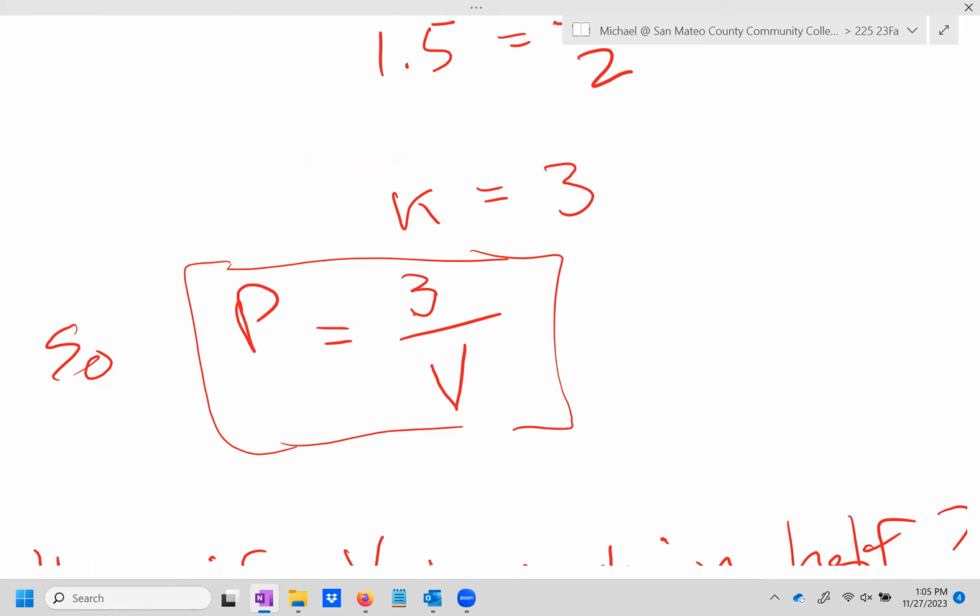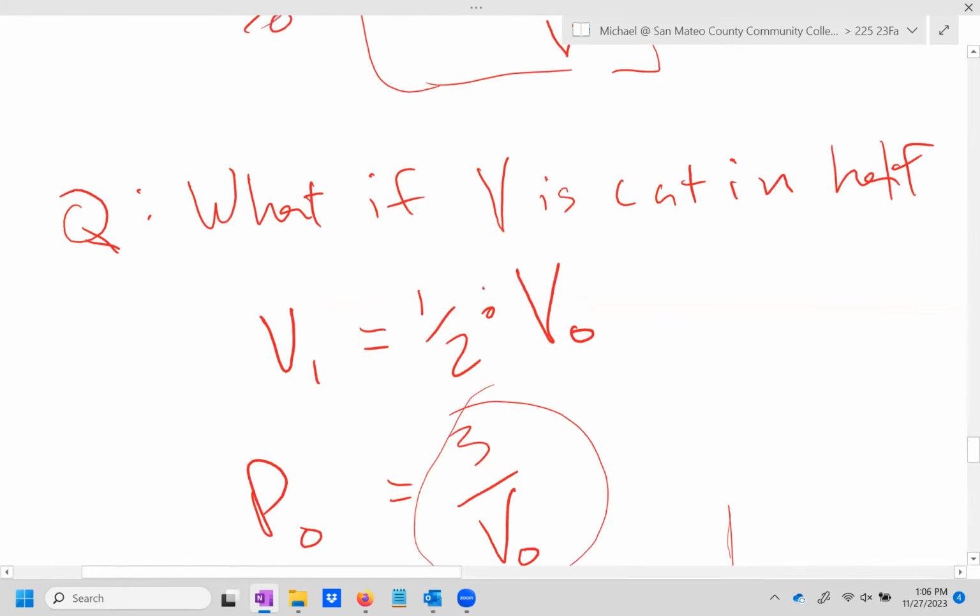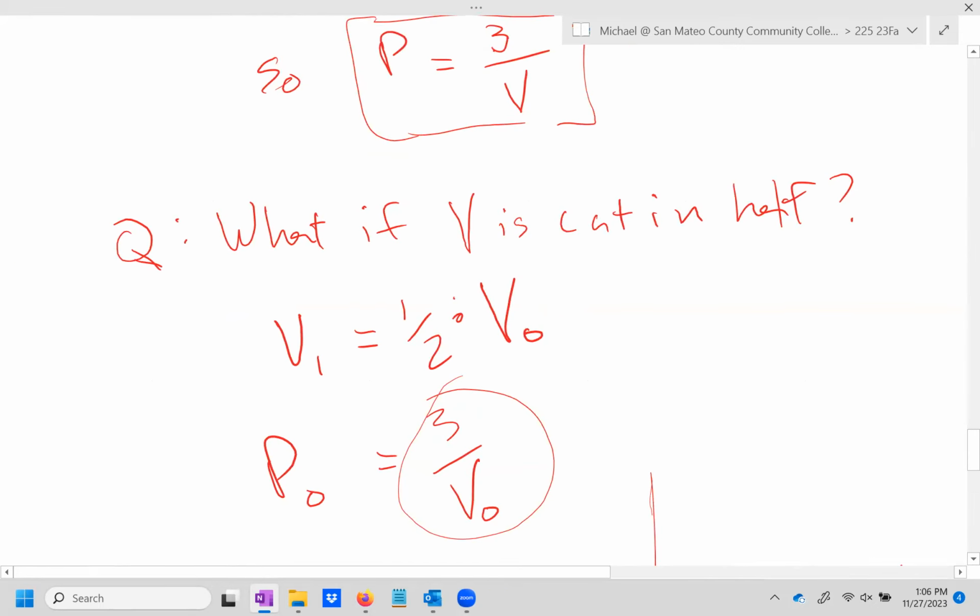You get the pressure, okay? So if I make that denominator half the size, it makes the entire quantity twice as big. That's basically all it says. So if I shrink the volume, cut this denominator in half, that makes the entire pressure double. So all I did here was symbolically show that that was true.